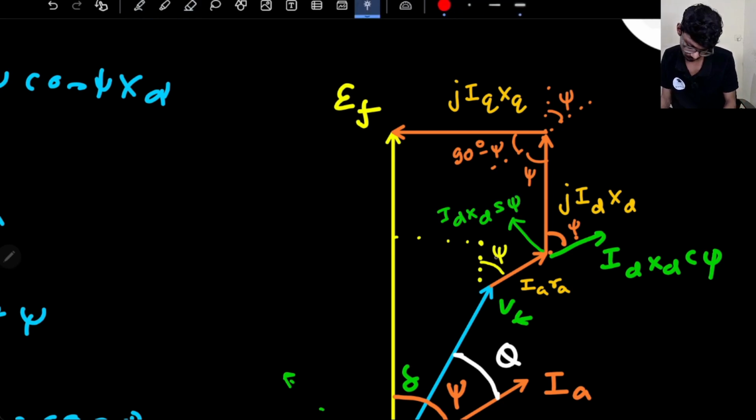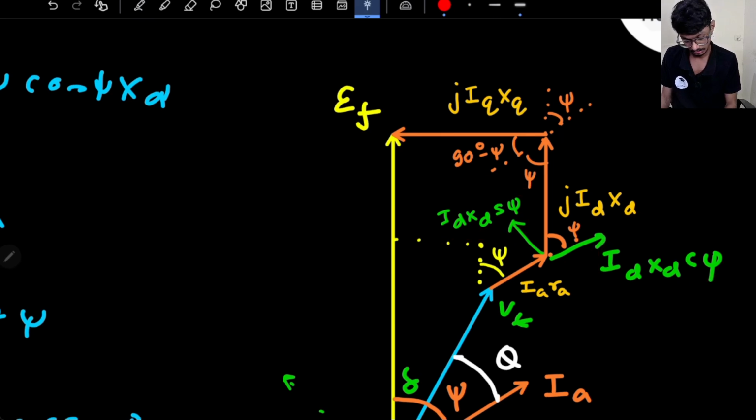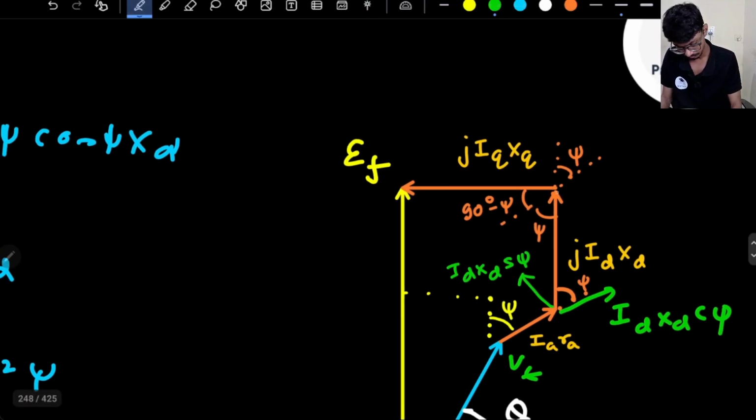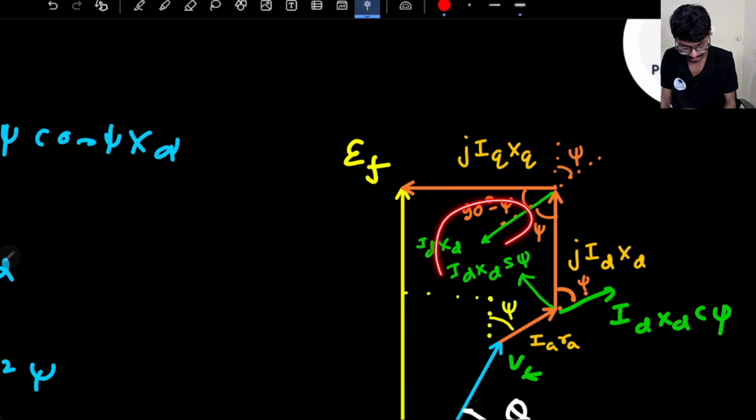Okay, these two components. Now this also will have two components. One will be along here, one will be along here. So along this component will be Iq Xq. Remember, this is just in the opposite direction of IA. So I can actually write this over on this side as well. How will I write it?